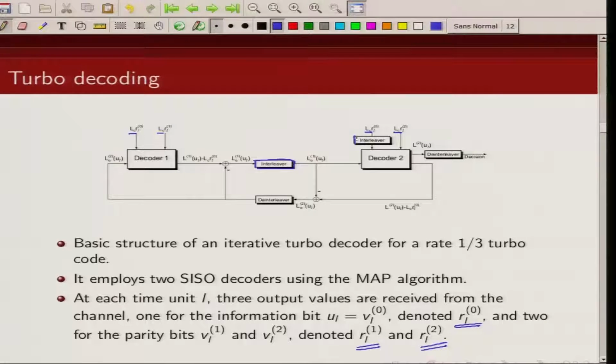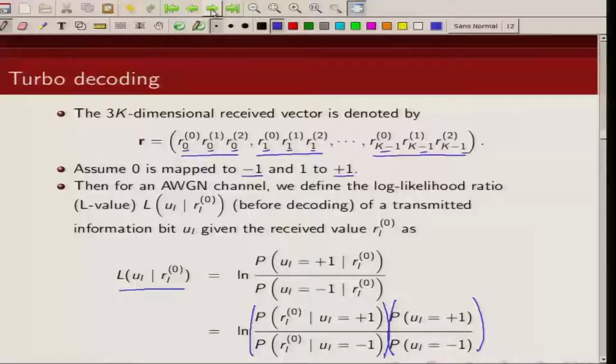Similarly, the information bit that we are feeding to decoder 2 is the interleaved version of information coming from decoder 1. Similarly, from decoder 2, if we are feeding something back to decoder 1, we are doing de-interleaving, and when we are taking decision from decoder 2, we are also again doing de-interleaving. So, this interleaving, de-interleaving is done so that the order of the information bits is preserved in the fashion they are entering encoder 1 and encoder 2.